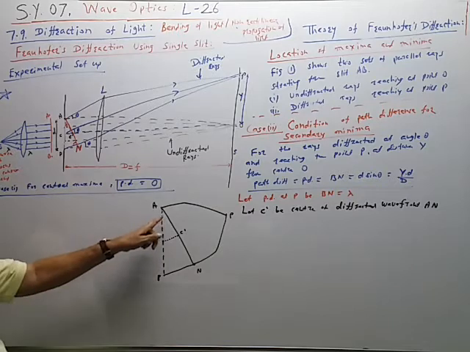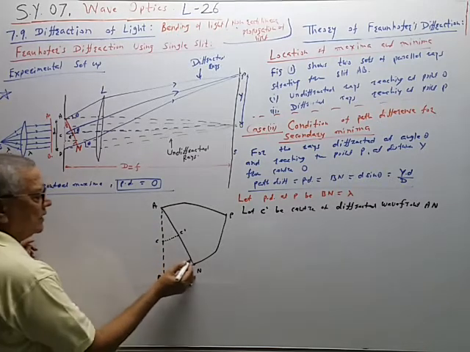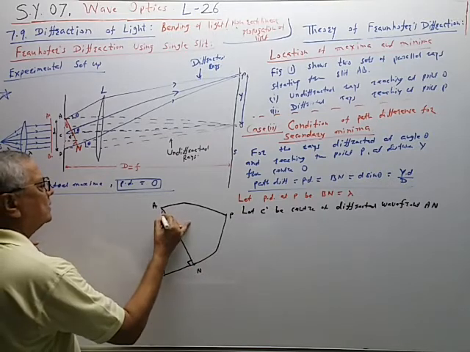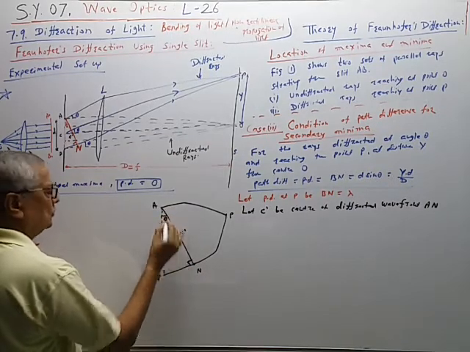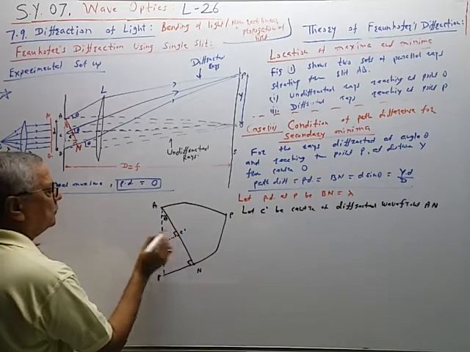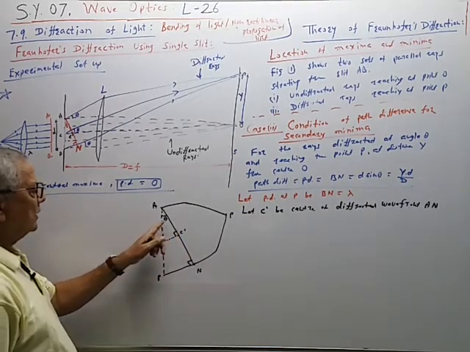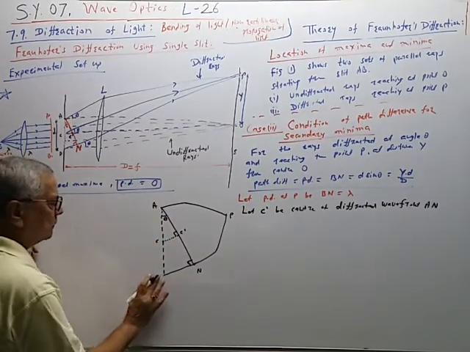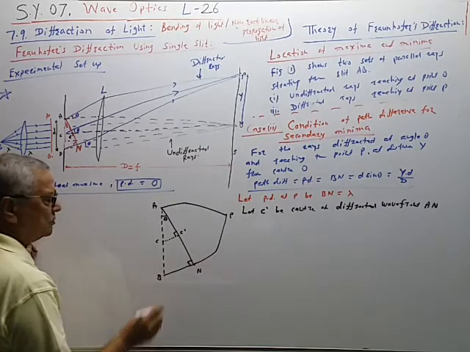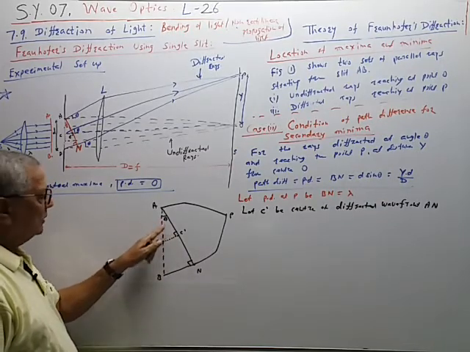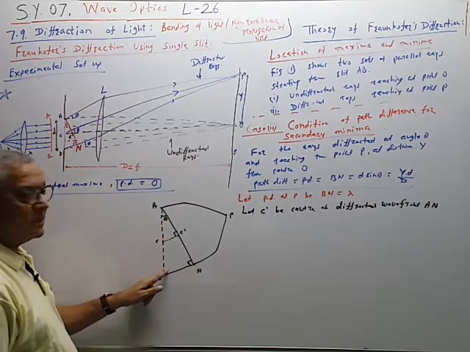So now in this figure there are two right angle triangles. This angle is 90 degree. This angle is theta. So this is 90 minus theta. This is also 90 degree. So now see these two triangles: triangle ACC dash and triangle ABN. They are similar triangles, 90 degree, 90 degree, theta is common, this is 90 minus theta, this is 90 minus theta.